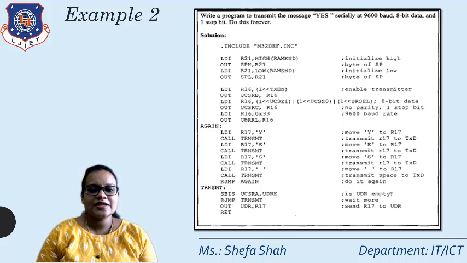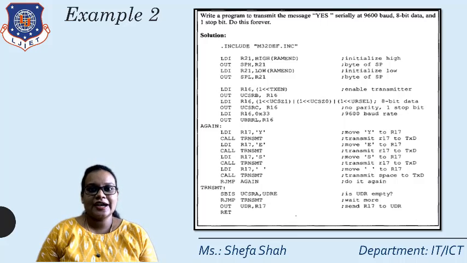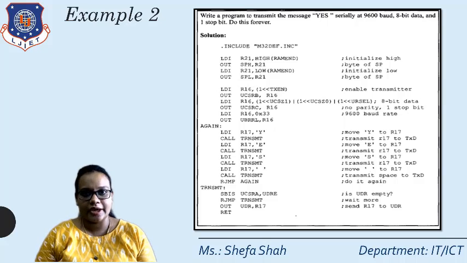As you can see in the transmit subroutine, there is monitoring of the UDRE bit using the SBIS instruction. So SBIS UCSRA, UDRE, RJMP transmit. If it is set, then it will skip this RJMP and give the OUT, so whatever data we have taken in R17 will be given to UDR. Clear?